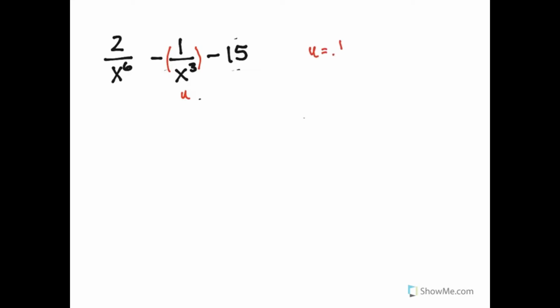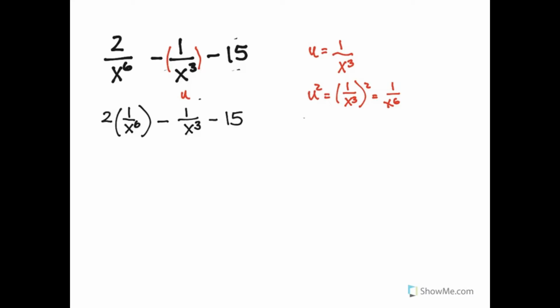So if u is 1 over x cubed, then u squared would be 1 over x cubed squared, or 1 over x to the 6th. We do have an x to the 6th in the first term, so if we factor that 2 in front of it, we could write it as 2 times 1 over x to the 6th minus 1 over x cubed, which we've decided is u, and minus 15. So rewriting in terms of u looks like 2u squared minus u minus 15.